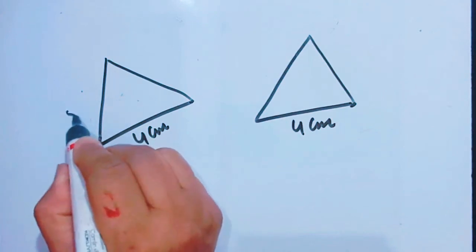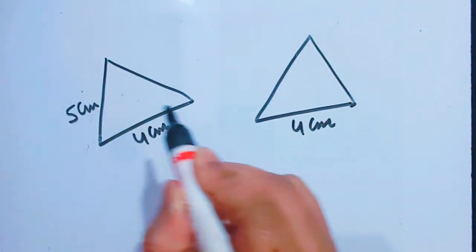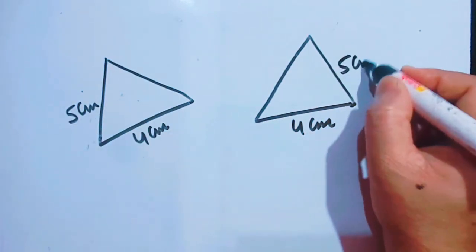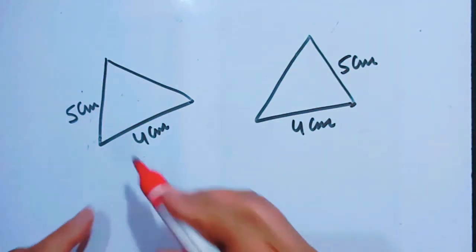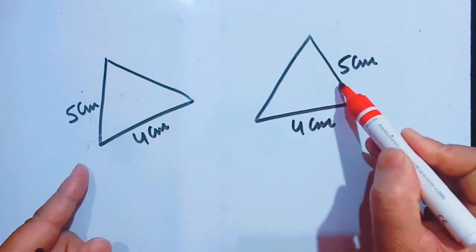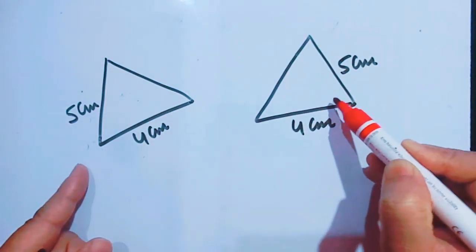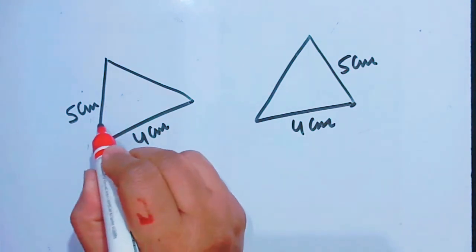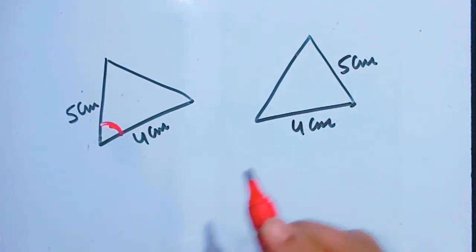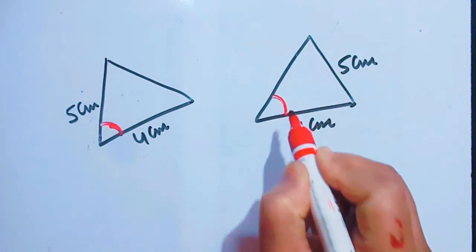They have given you 5 centimeter over here, 5 centimeter over here. This means if they would have given us this particular angle and this particular angle as equal, then the two triangles would be congruent. Let me see what they have given us. They have given you this angle and this particular angle.